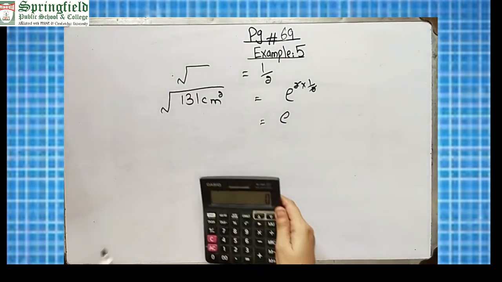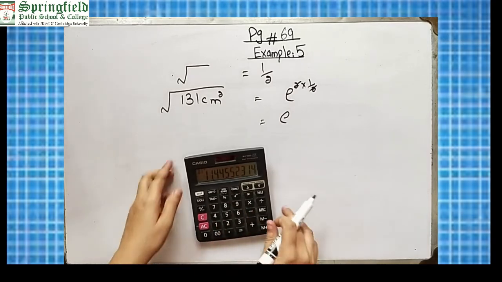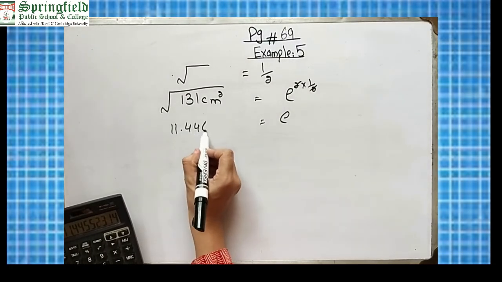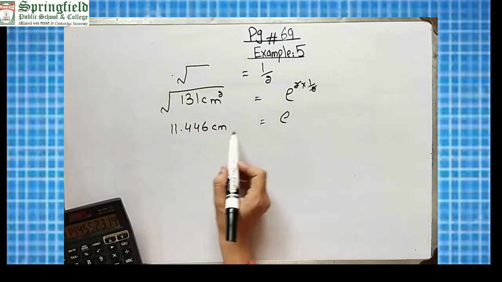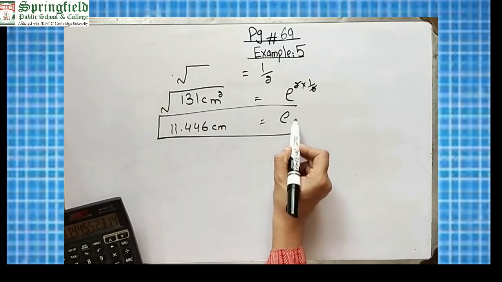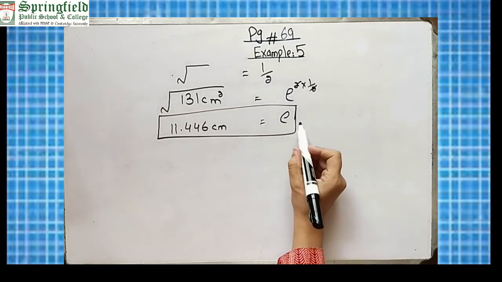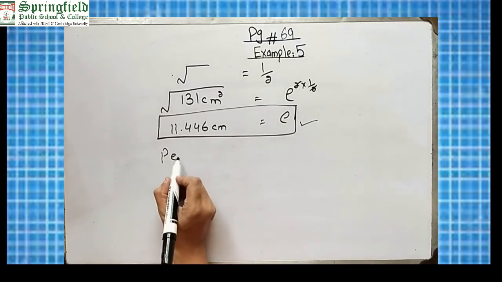The square root of 131 is 11.446 centimeter. Centimeter square will cancel with the square root. So this is the value of length, which means L is equal to 11.446 centimeter.